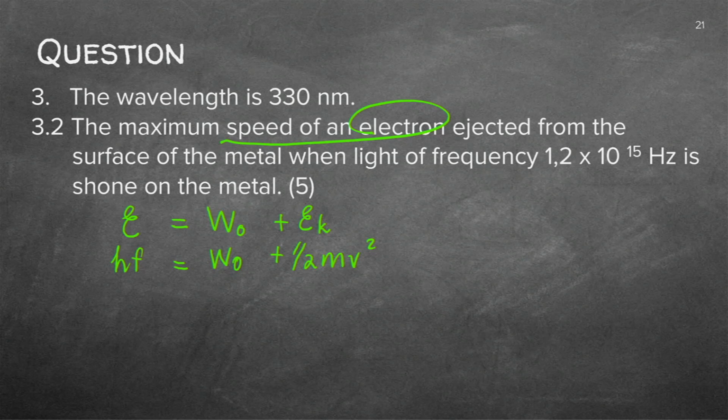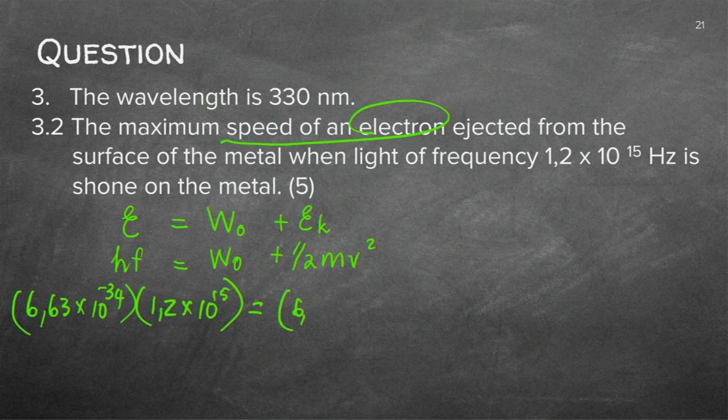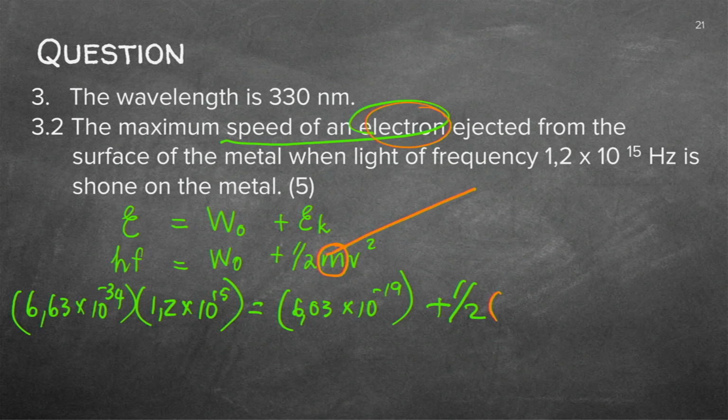Right, let's go ahead and do this calculation. Let's go and say I've got 6.63 times 10 to the minus 34. They gave me the frequency as 1.2, and I calculated the work function just now, and I'm going to substitute it in there. And now, guys, please bear in mind that you've got the mass of an electron. It's on your information sheet.